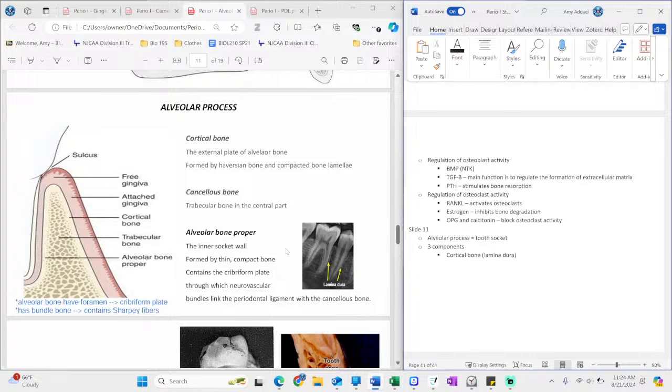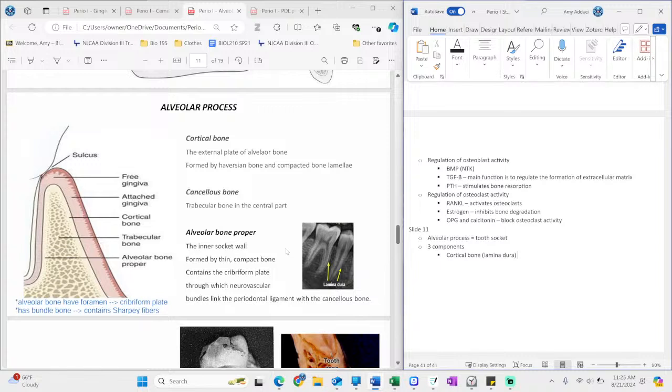So this white line here that runs parallel to the root, that's the lamina dura, an example of cortical bone in the alveolar process. Then, in this case, if this is the lamina dura, this area here is occupied by trabecular bone. And we have on the other side another region of cortical bone forming the lamina dura towards the root of the next tooth. Right? So that long wall that forms the socket is what we call the alveolar process.